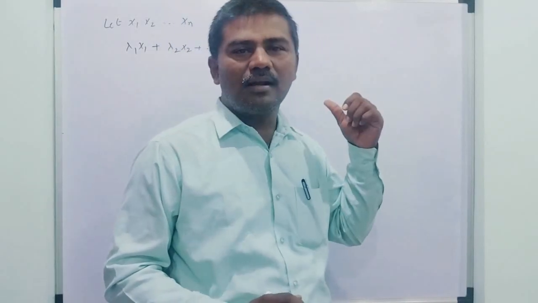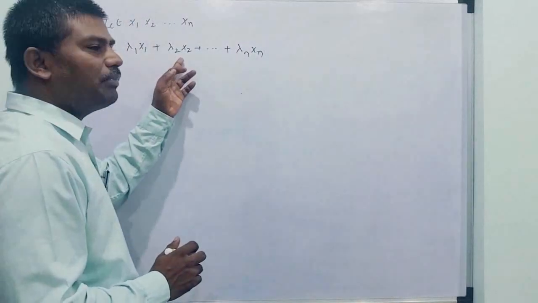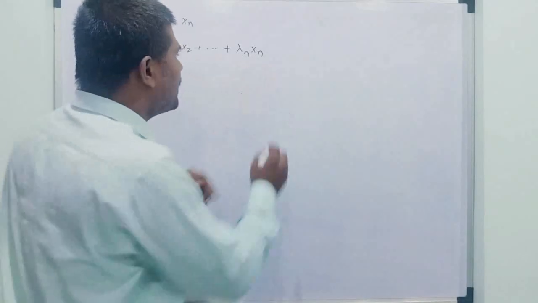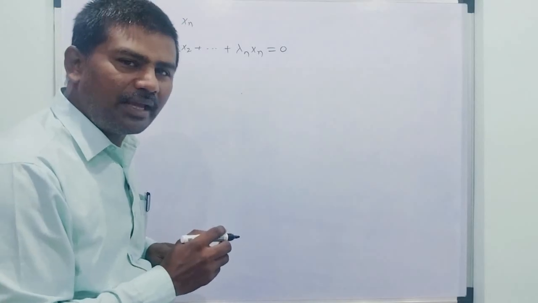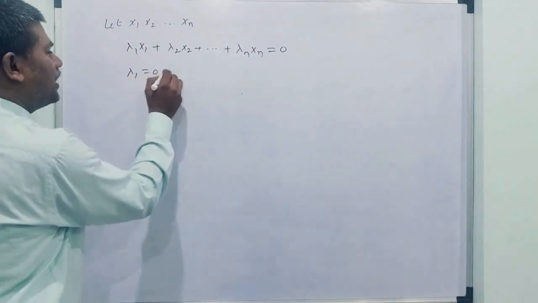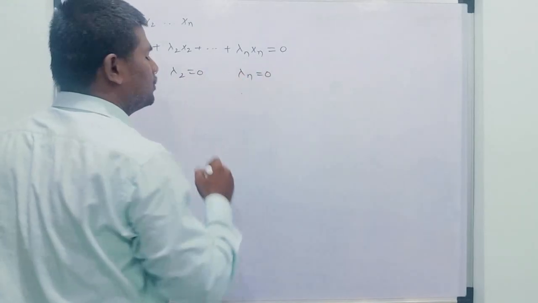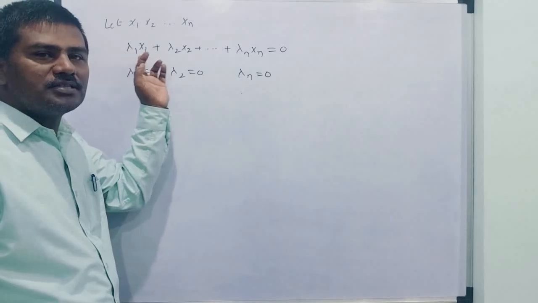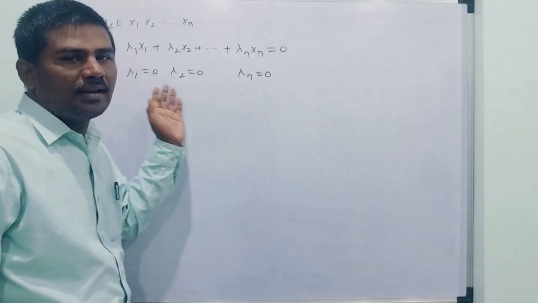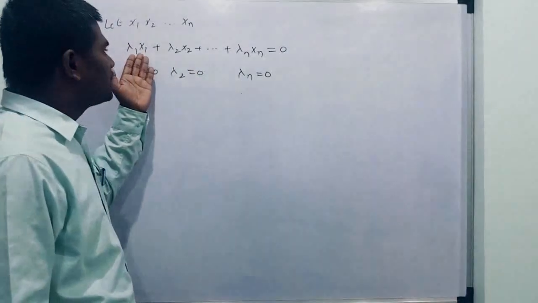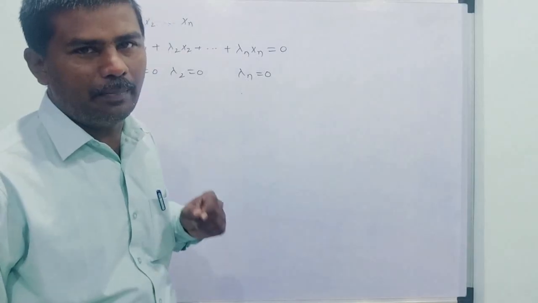If the linear combination is equated to 0, that is lambda 1 x1 plus lambda 2 x2 plus so on plus lambda n xn is equal to 0, and if we can obtain lambda 1 as 0, lambda 2 is equal to 0 and lambda n is also 0, that means all the scalars in the linear combination must be equal to 0. If all the scalars are 0, then we can say that the n vectors x1, x2, so on, xn are linearly independent.